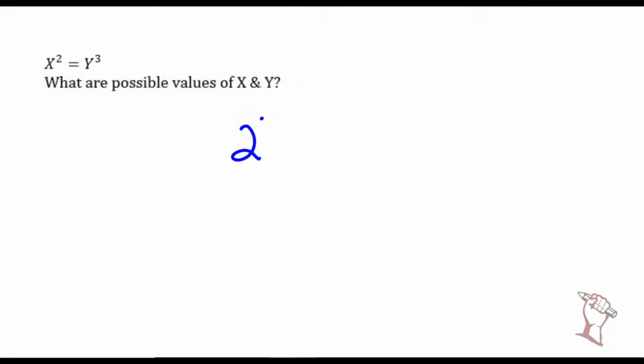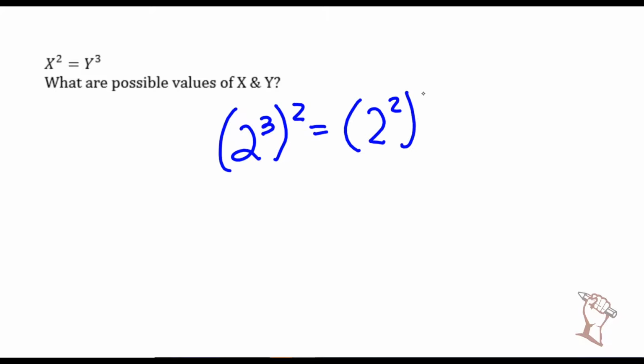Well, if I put in 2 cubed and I squared it, that would be equal to 2 squared cubed, because when I raise a power to a power, I multiply. So this would be 2 to the 6th is equal to 2 to the 6th. So what is x? X is 8 and y is 4. 8 squared equals 4 cubed. That's kind of a fun one.